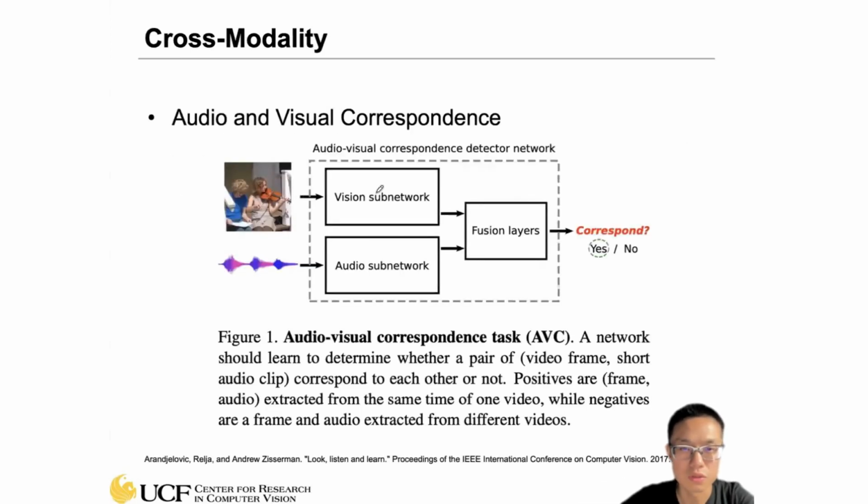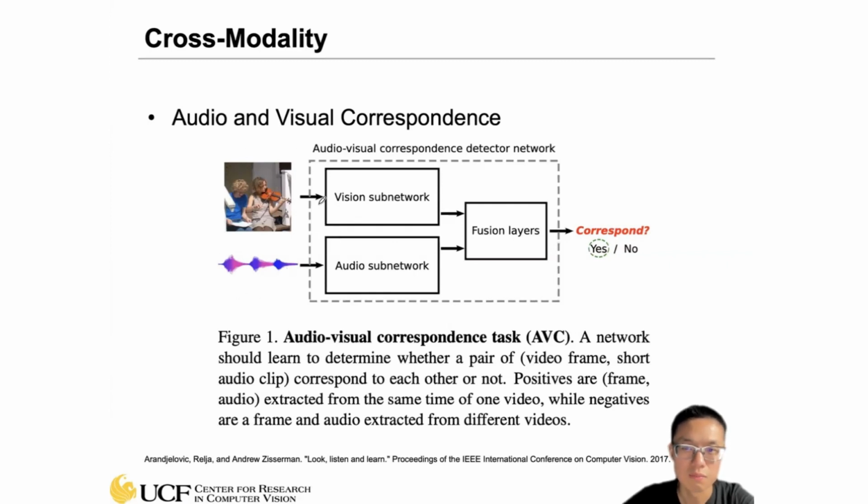Take audio and visual correspondence as an example. We can take a video: one stream has the visual appearance and goes through a vision network, and another stream has the audio information and goes through an audio network. Then we predict whether they correspond to each other or not. Corresponding means they are taken from the same video footage.